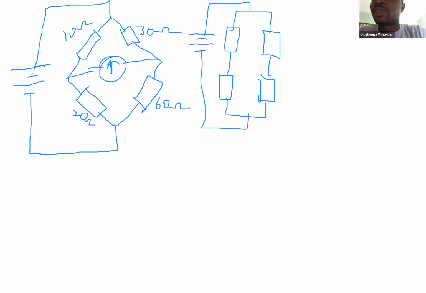Where this will be 10 ohms, 30 ohms, 60 ohms, and 20 ohms. Let's write this one a bit more beautiful.